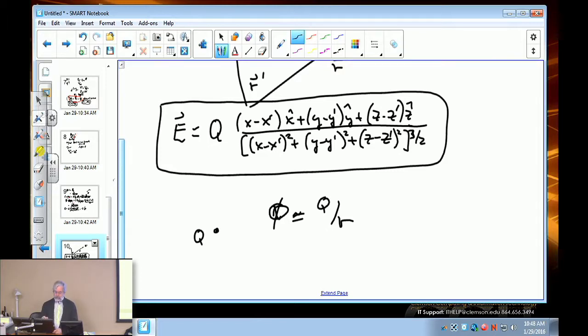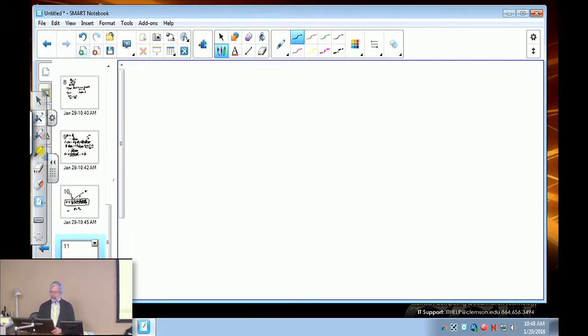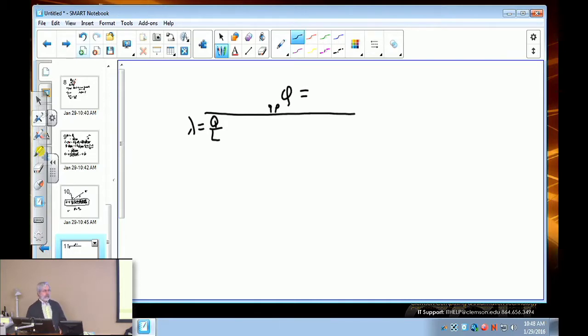Okay, so now what do you think? Let's take a wire. We put charge on this wire, so we have a charge per unit length, lambda. What is the electrostatic potential outside of this wire, a distance rho from the wire? And we're going to say it's really far from the ends again. Let's not consider end effects.